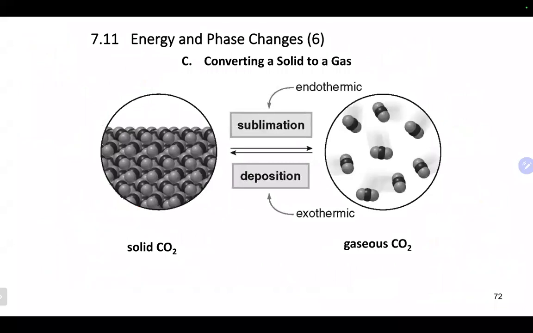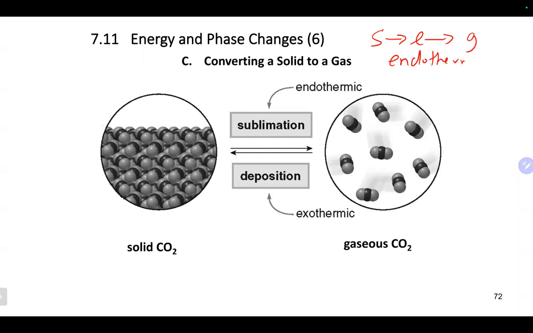We also could do that for sublimation and deposition. Sublimation is going from solid to gas, skipping the liquid phase, and deposition is going from gas back to solid. Going from solid to gas is endothermic. Energy has to be put in. Going the opposite way is exothermic. So as you are going in this direction in terms of phases, that is all endothermic.